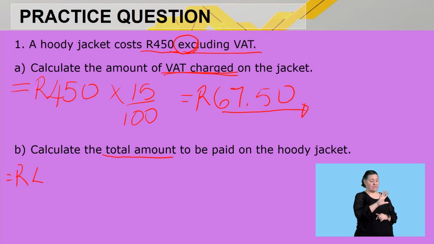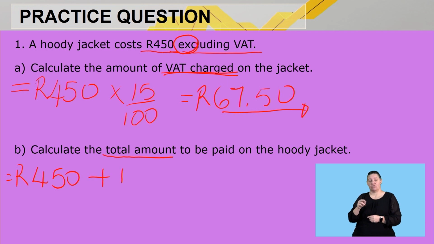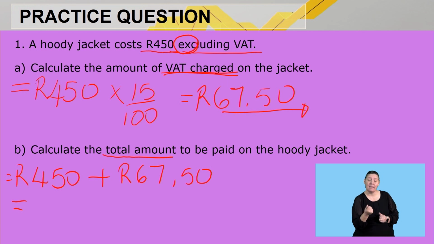We have already calculated the amount of VAT in number A. So now we are going to have our 450 Rand, which is our exclusive amount, plus our VAT, which is 67 Rand 50.